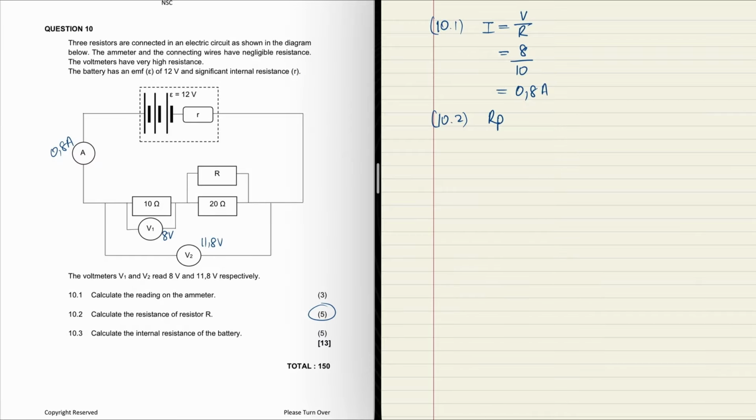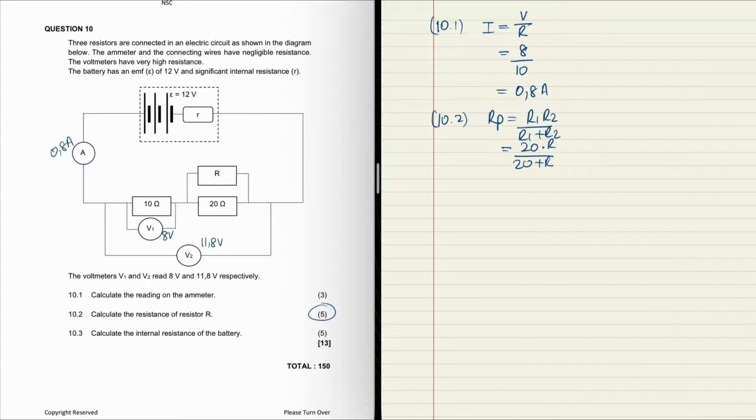R parallel is going to equal R1 R2 divided by R1 plus R2. This is going to be 20 times R divided by 20 plus R. We can't simplify that further, so we leave it like this.